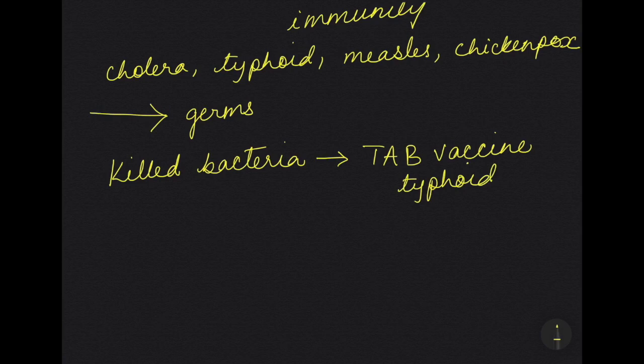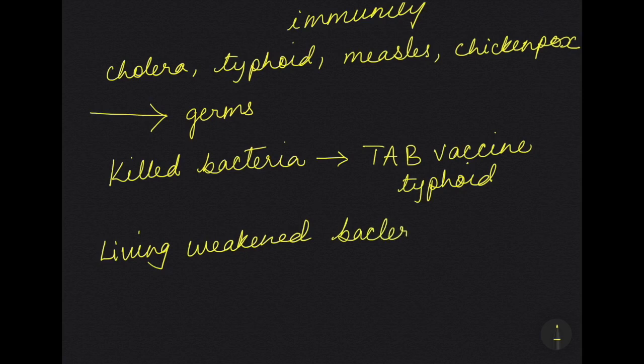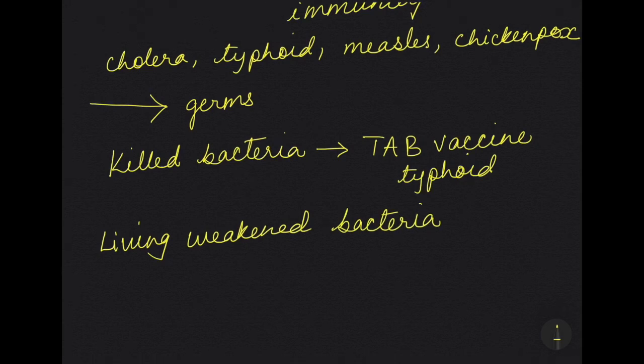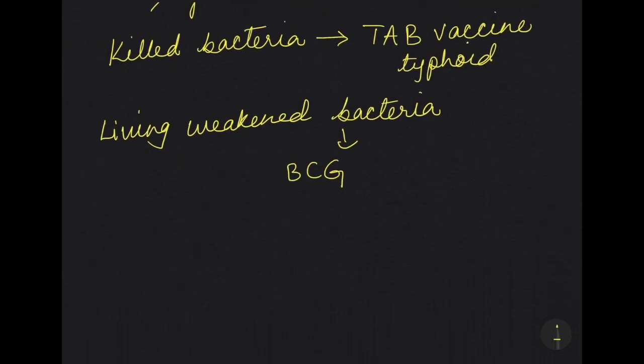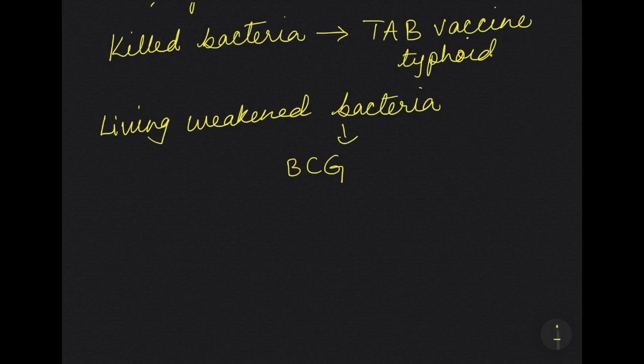And living but weakened, very weak bacteria. Example is BCG, Bacillus of Calmette and Guerin, which you'll be learning later on. BCG vaccine, it is used for tuberculosis.